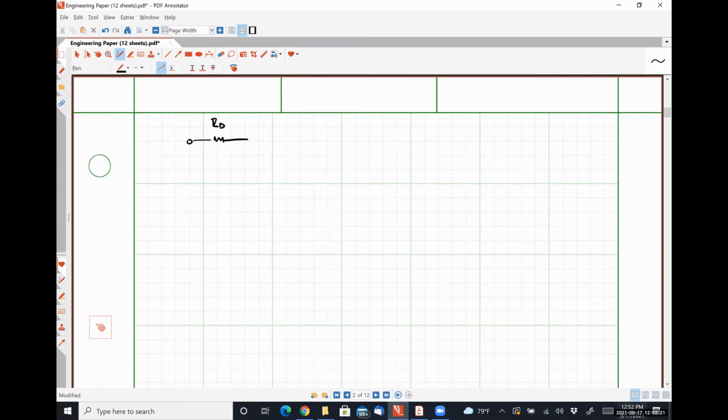where we have, and I'm going to call this guy right here node A. And we have another resistor that is R squared, another capacitor that is C squared.